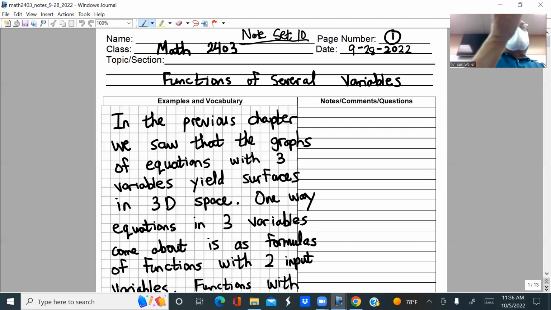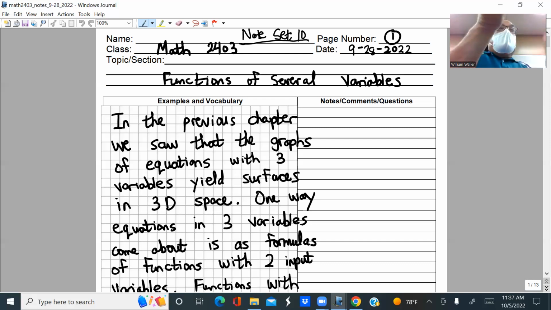Remember, the purpose of functions in practice is to take a quantity that we know or that is easy to measure, and then apply a rule to that quantity, which allows us to determine a quantity that's not so easy to measure.